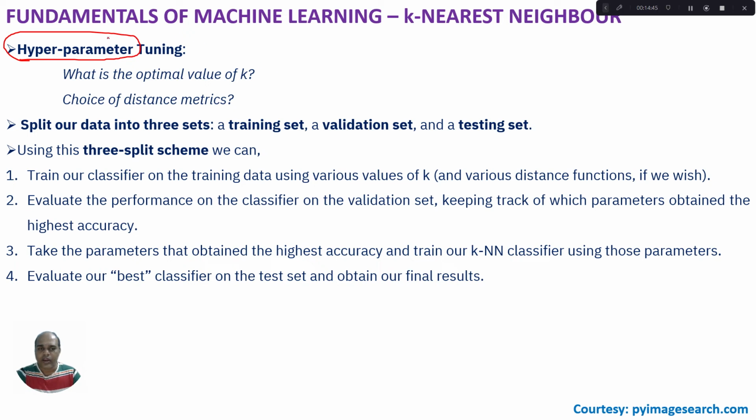So now let us see hyperparameter tuning. How to find the best parameters for our classifier? In order to do that, we divide our data set into 3 categories. We already know from my earlier video that a data set is divided into two categories: training data and test data.